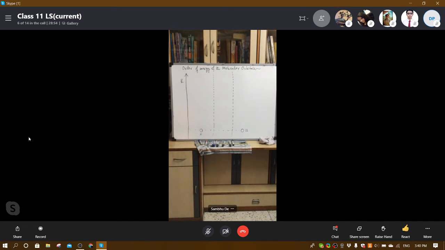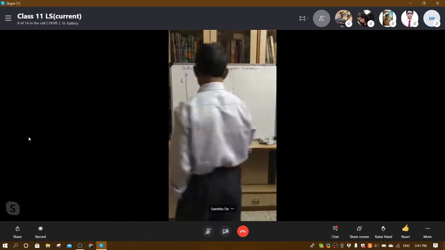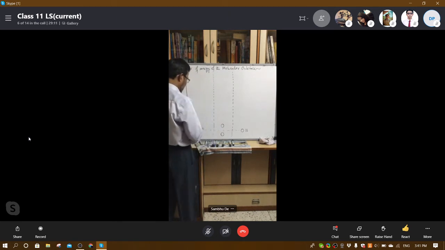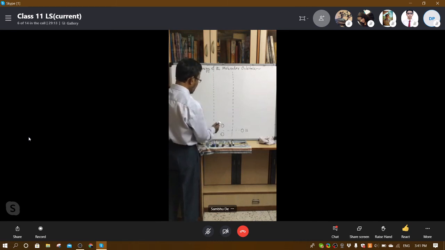Atomic orbital wise, that is the lowest energy orbital, we know that. So we draw that. And then we draw one orbital here, little above, one orbital below this. And then we connect by dotted lines.